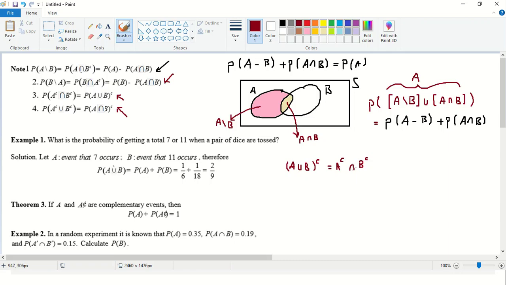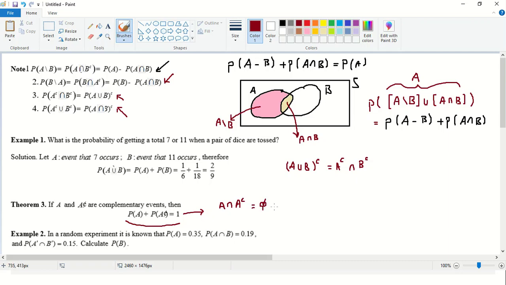And again, I can use the concept that the probability of A and the probability of A complement, added together, should be equal to 1. Of course, you can see that A and A complement are disjoint, or mutually exclusive. There is no intersection between one set and its complement.